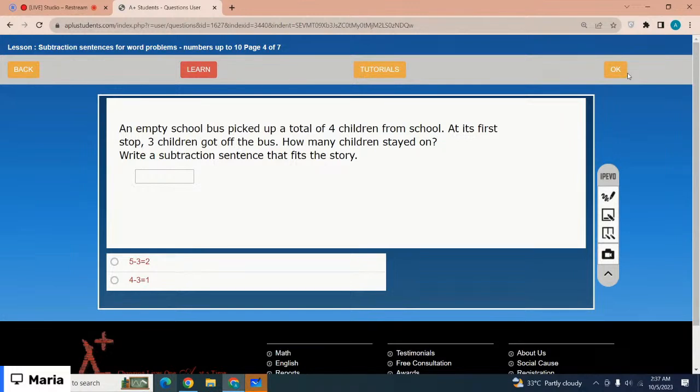The correct option is 4 take away 3 equals 1. The correct option is 4 take away 3 equals 1, right?